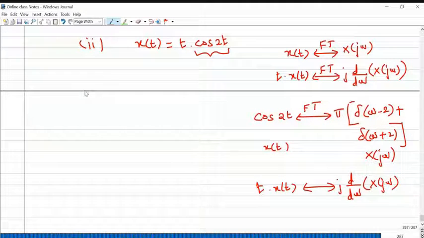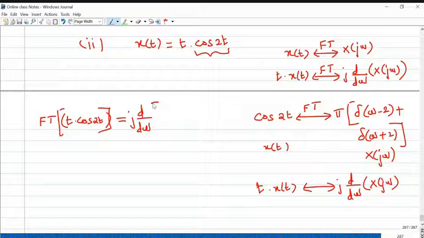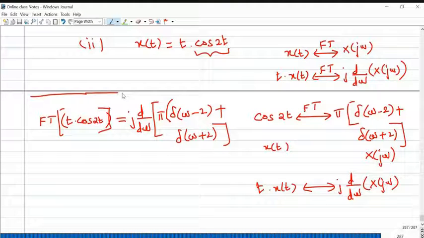Now, as per the properties, Fourier transform of t times cos 2t is j d by d omega of pi delta of omega minus 2 plus, if you use common bracket, pi, delta of omega plus 2. That's it. Stop the answer up to this particular step.